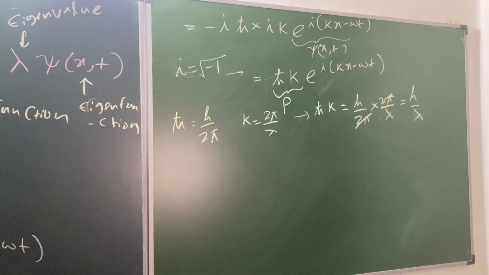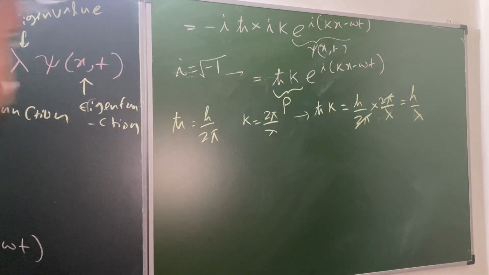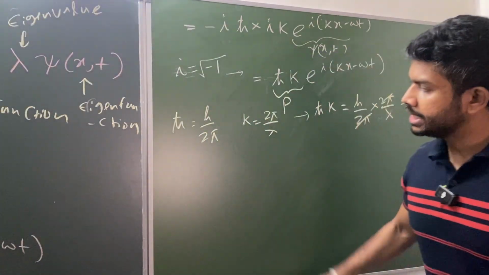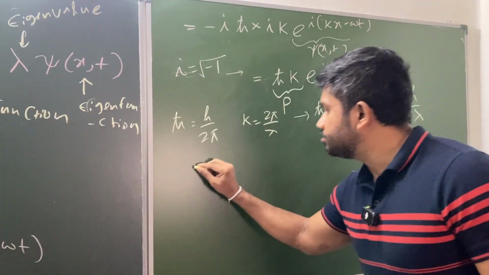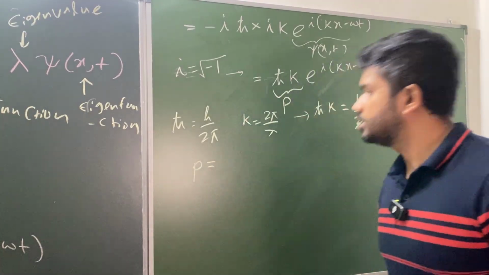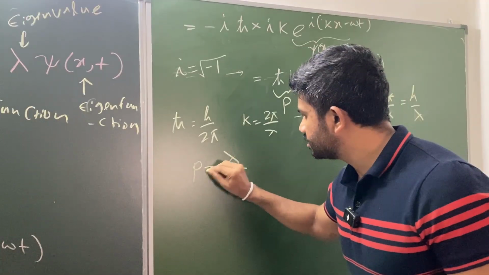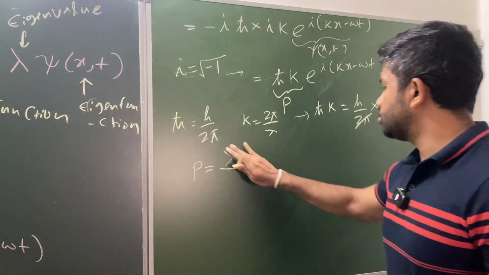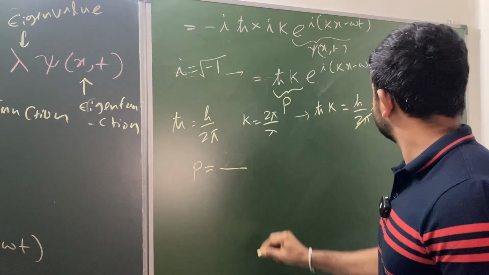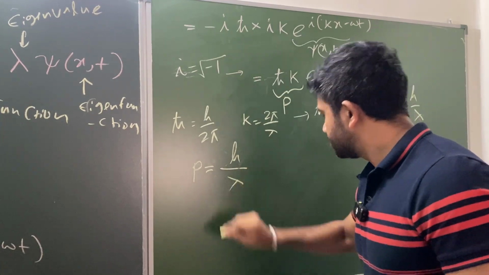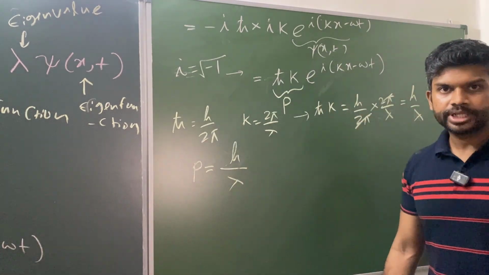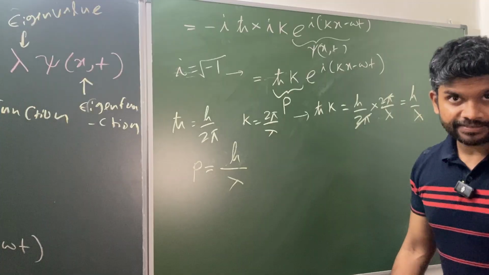So if you remember the Planck relationship, guys, that you have in high school, Planck says that the momentum of a tiny particle is equal to h over lambda, right? So this is the momentum itself.